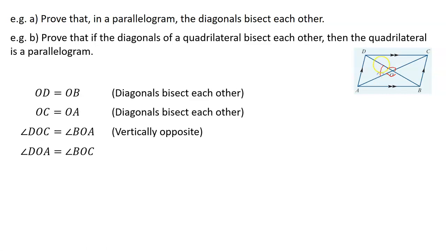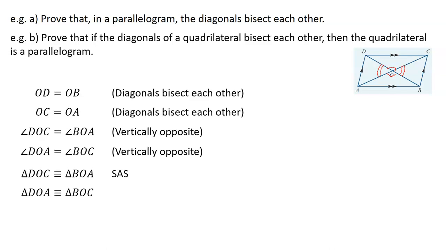Also, angle DOA equals angle BOC, because they are vertically opposite. So triangle DOC is congruent to BOA using side angle side, and triangle DOA is congruent to triangle BOC using side angle side.